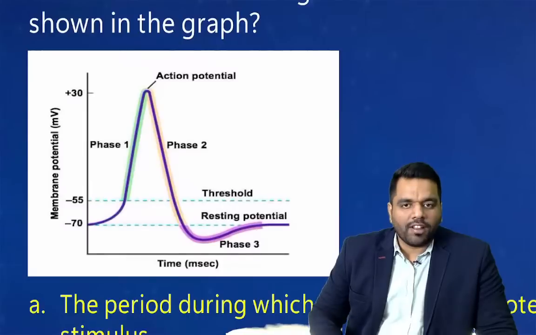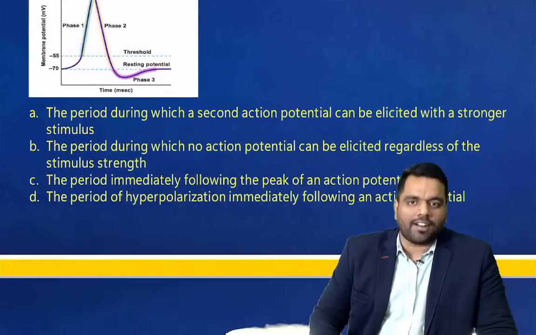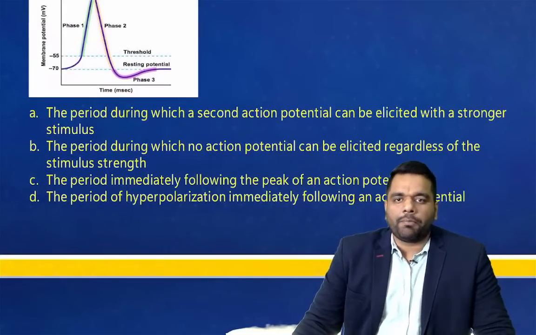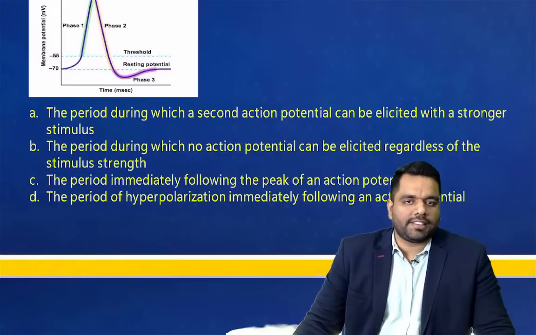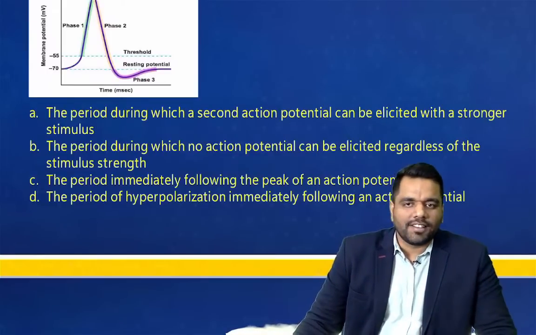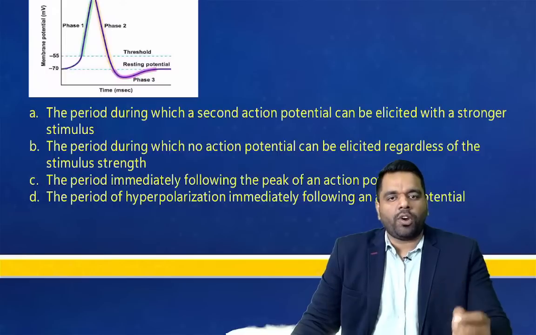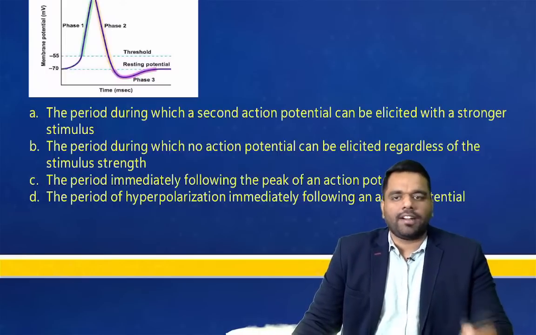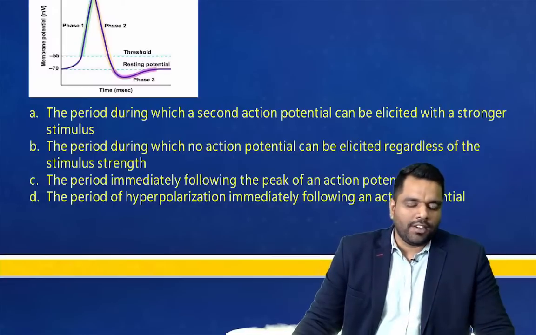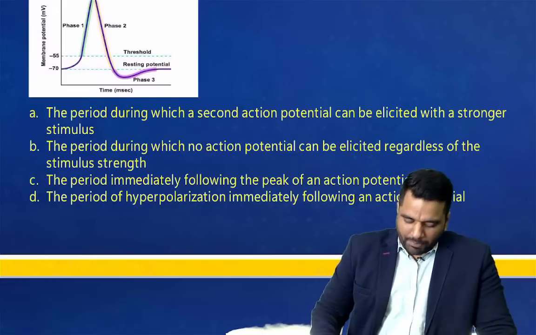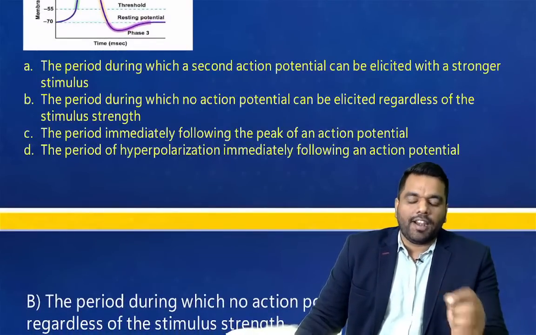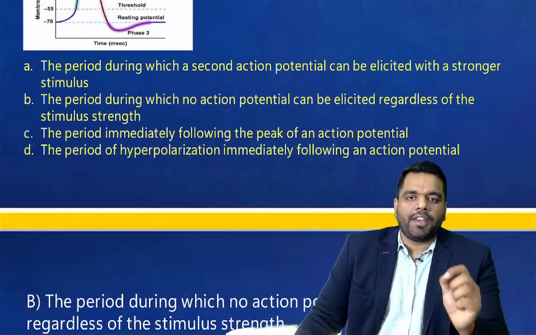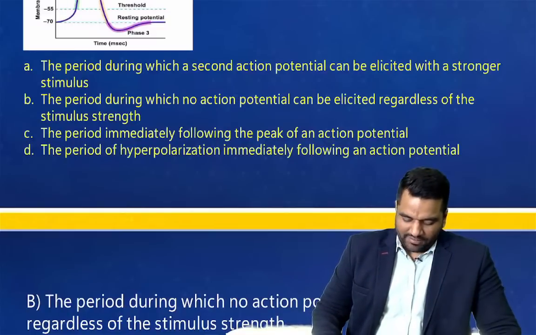The options: A, the period during which a second action potential can be elicited with a stronger stimulus. B, the period during which no action potential can be elicited regardless of the stimulus strength. C, the period immediately following the peak of an action potential. D, the period of hyperpolarization immediately following an action potential.